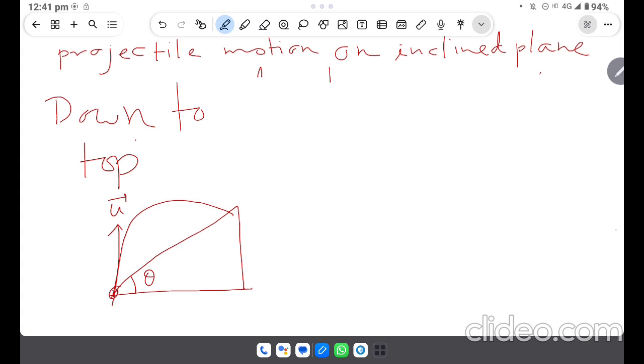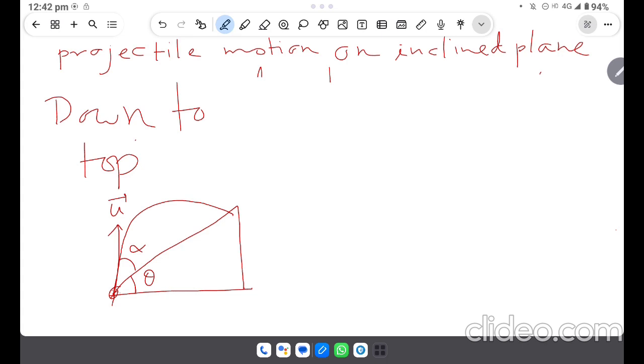And let's consider that the initial velocity with which we are throwing the ball or the stone is also making an angle alpha. What is alpha? Alpha is the angle made by the initial velocity u with the inclined plane, and theta is the angle of the inclined plane.